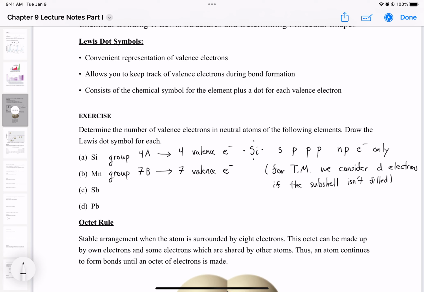Remember when we said the d and f subshells are typically higher in energy than their s and p counterparts? That's only if they're unfilled.